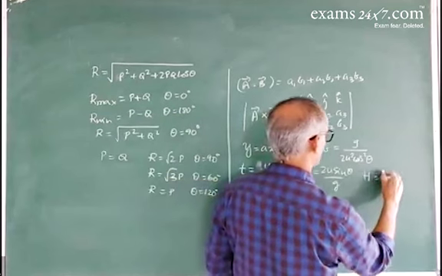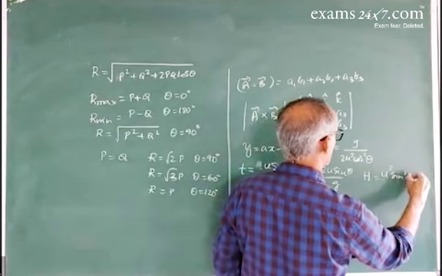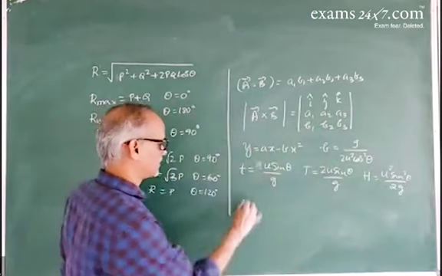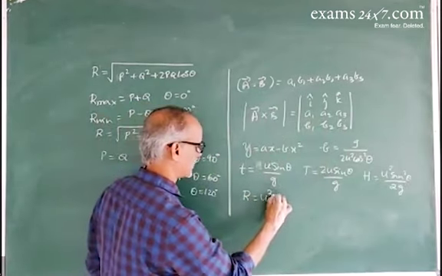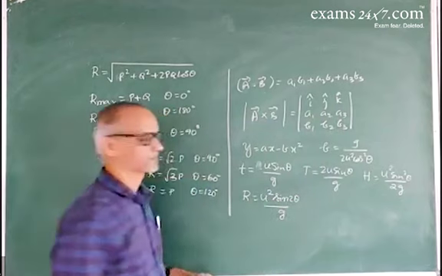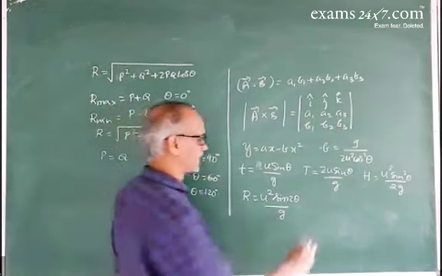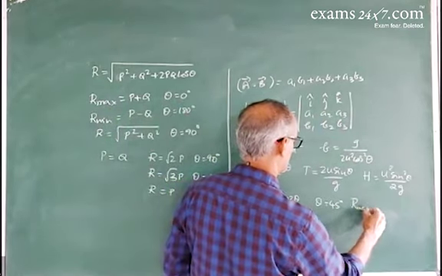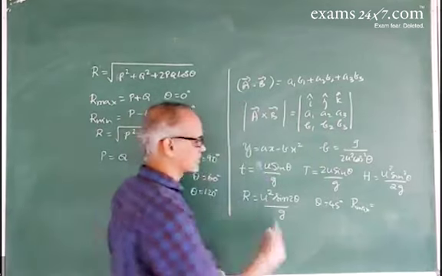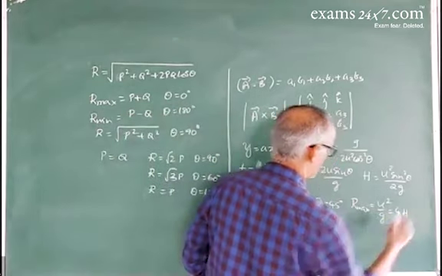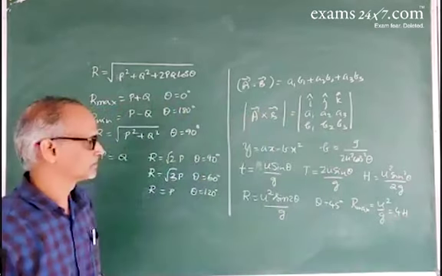Maximum height reached, h is equal to u square sin square theta by 2g. The range of the projectile R is equal to u square sin 2 theta by g. And range is maximum when theta is 45 degree. And R max is equal to u square by g, that is also equal to 4h.